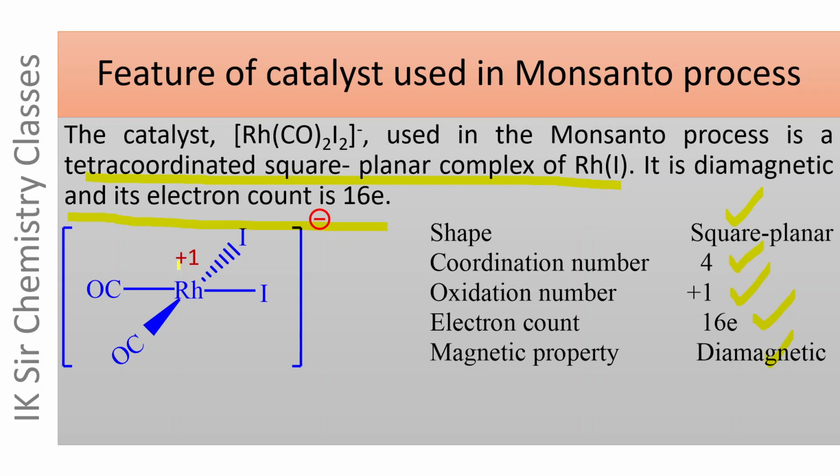The oxidation number of rhodium is +1 and its electron count can be calculated as follows. 9 electrons are present in the valence shell of rhodium atom, minus 1 for +1 oxidation state, and each of the 4 ligands contributes 2 electrons to the electron count, and accordingly the total electron count is equal to 16.